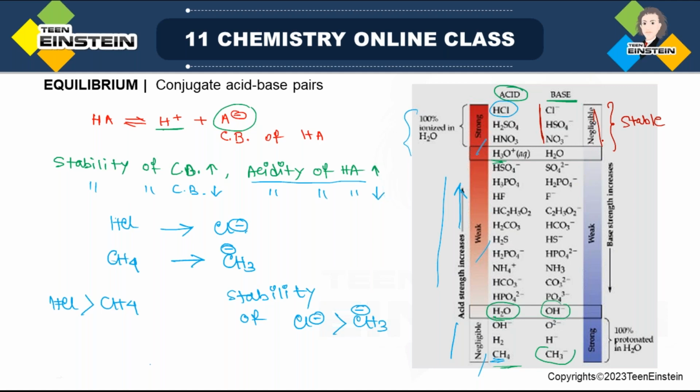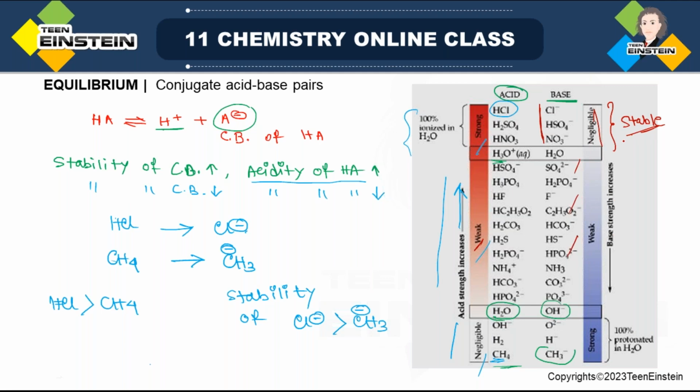Now if we go to the middle zone, the acids are weak acids. So the corresponding conjugate bases like SO4 2 minus, F minus, HS minus, all of these will be not very stable, not very unstable, something in between. So basic strength is gradually increasing as we are moving down. So these are very stable, they are non-reactive, that means their basicity is almost nil, negligible.